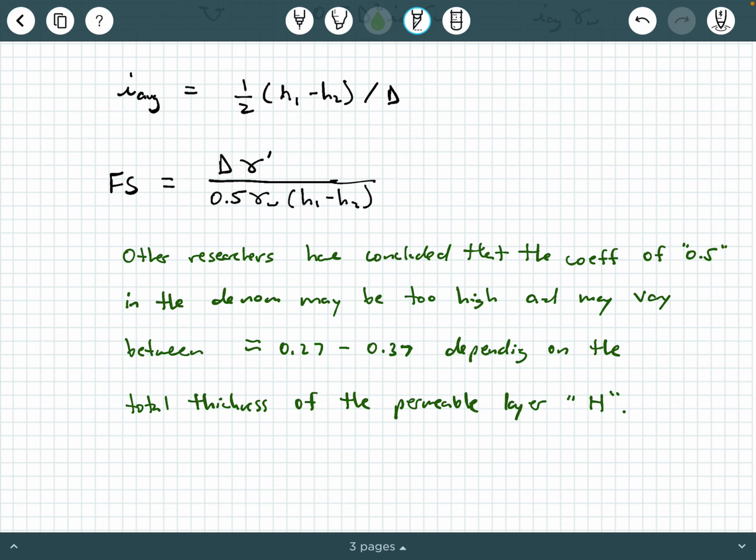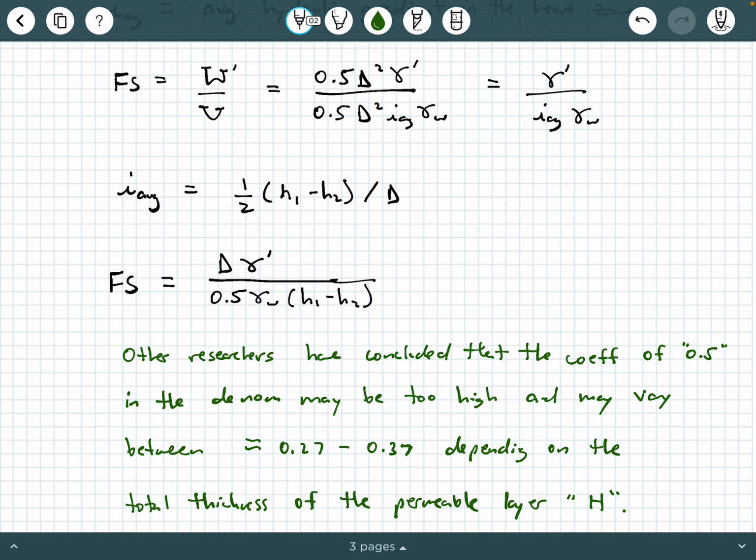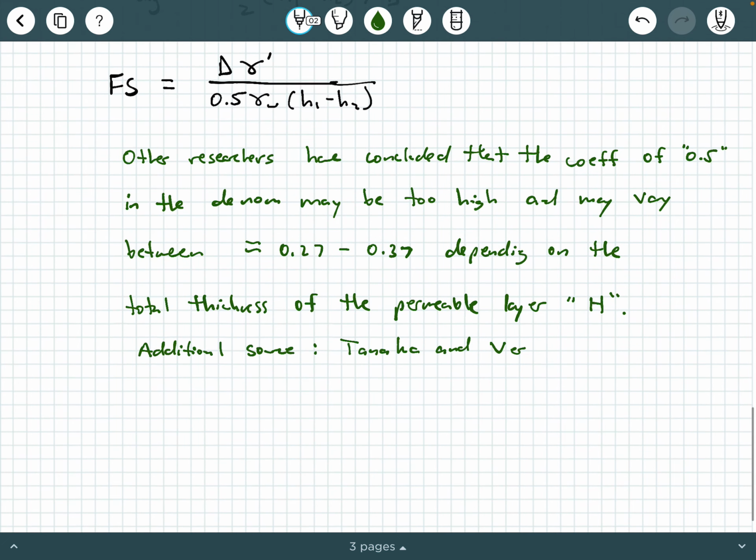So just as a reference for you, one of the sources that you can look into, let's write this as an additional source to look into this, would be from Tanaka and Verruijt.